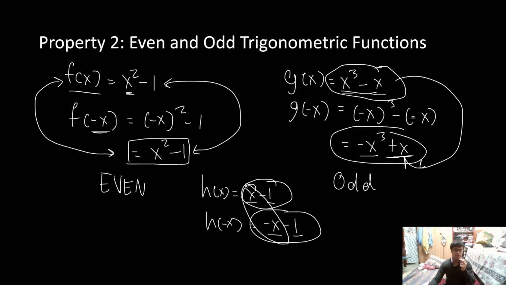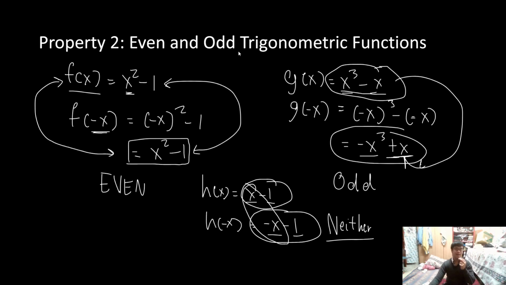Only the x term changes. So is it even, odd, or what would be the perfect description for this one? The answer here would be neither, right? So what we just discussed is basically even and odd functions.